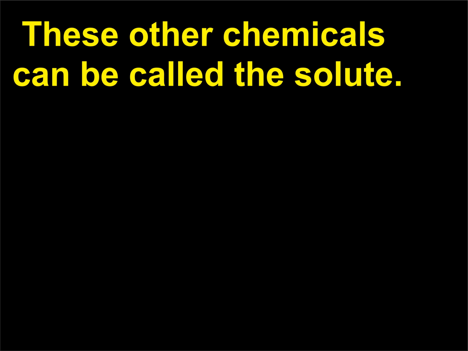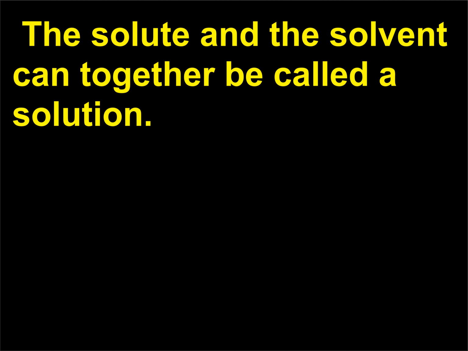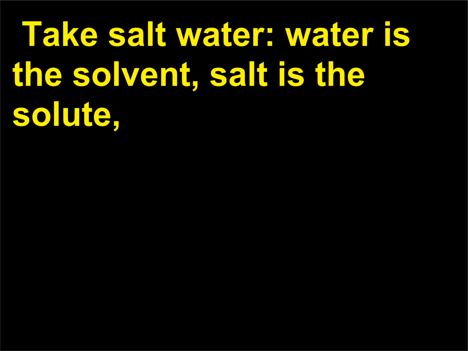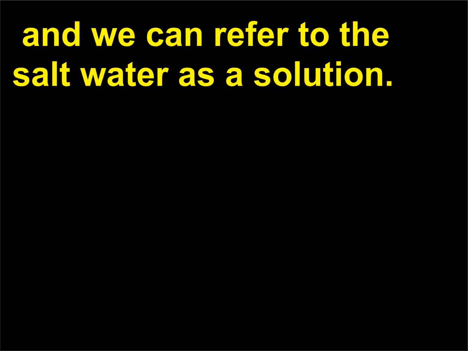These other chemicals can be called the solute. The solute and the solvent can together be called a solution. Take salt water: water is the solvent, salt is the solute. And we can refer to the salt water as a solution.